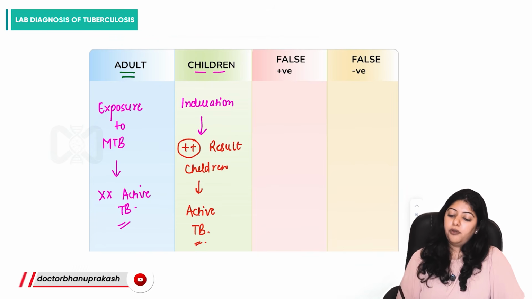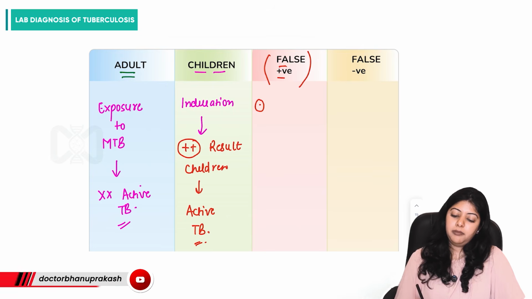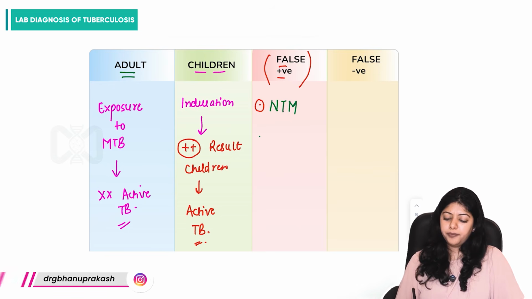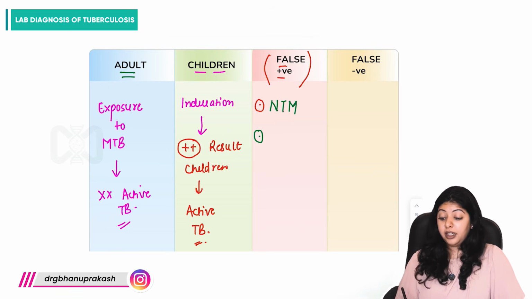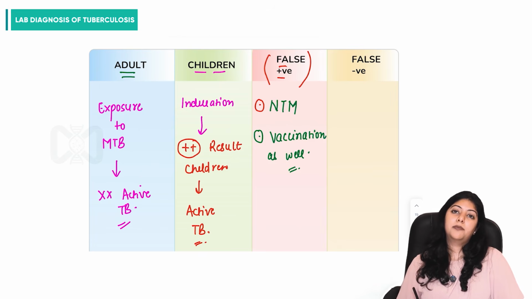Then comes false positive results. What can lead to false positive results? This can be due to non-tubercular mycobacteria as well, rarely. Then this can occur post-vaccination as well. And when do we get false negative results?